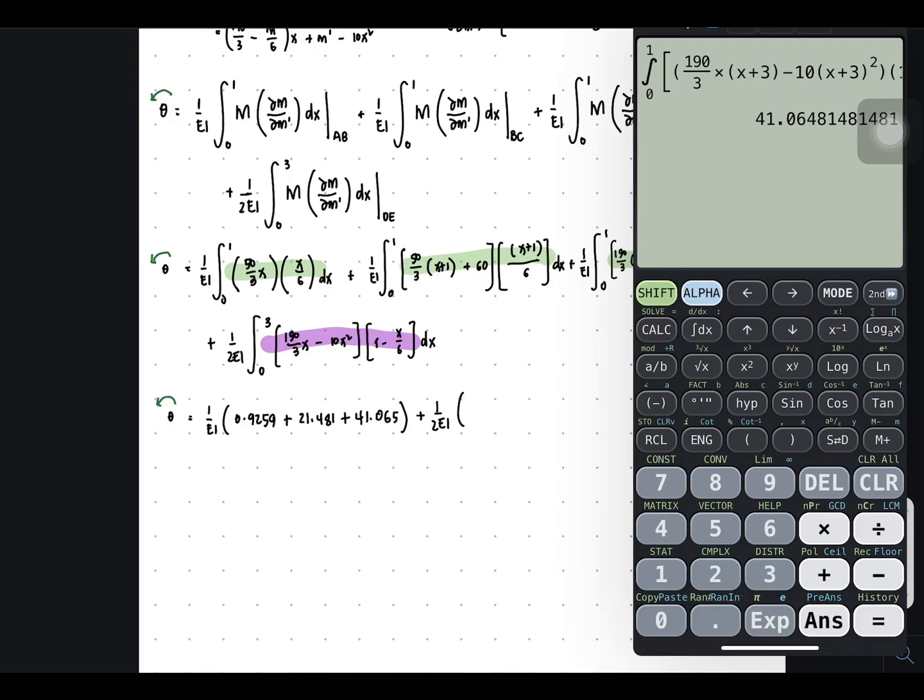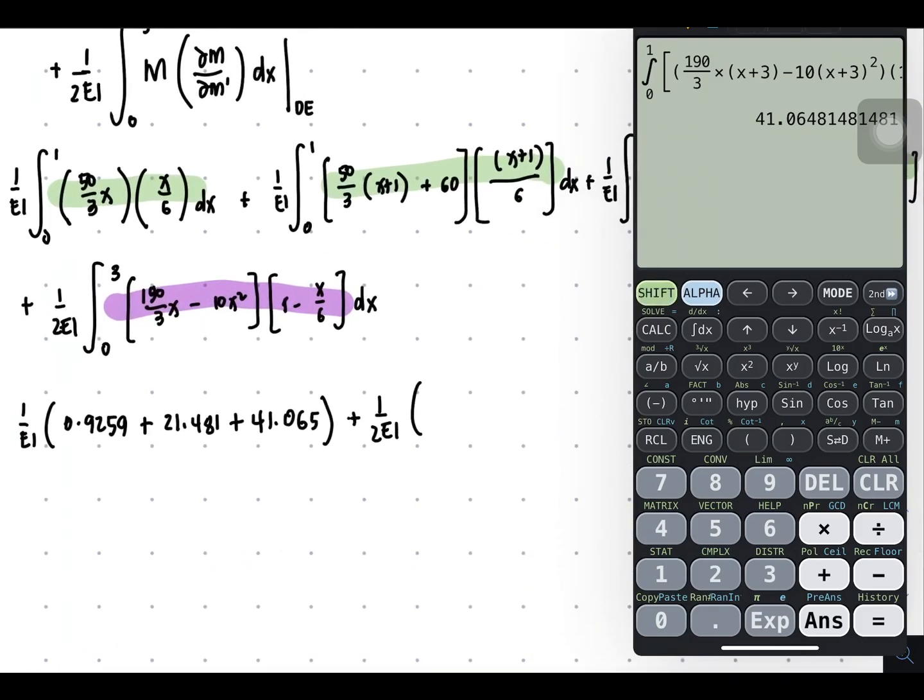And for the 1 over 2 EI, we only have one. It's going to be the integral of 190 over 3 x minus 10x squared times 1 minus x over 6, and you close it, from 0 to 3 limit.